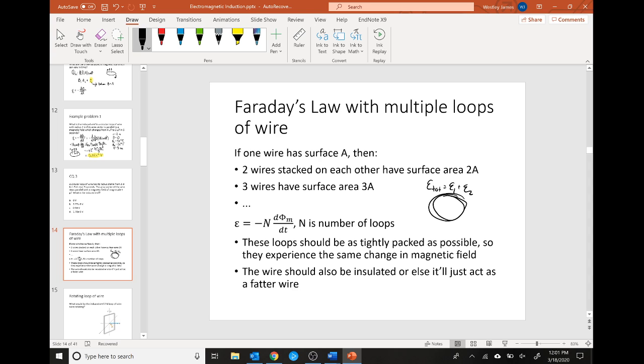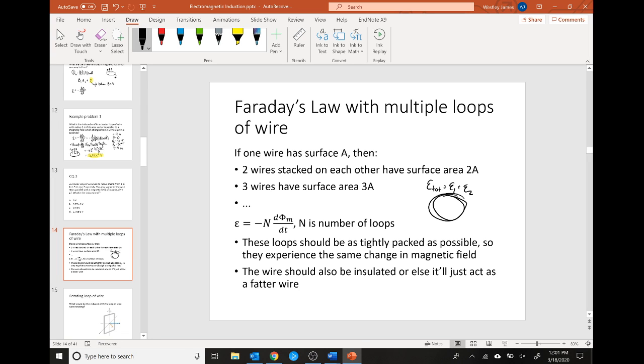So then imagine a third one, and a fourth one, and a fifth one. And all those voltages are going to add up. Another way to think about it is you literally increase the amount of area, because each loop has an area, and each one's independent from each other. And so the long and short of this is that if I have a wire that instead of just one loop, maybe it's a loop that I've made 5 loops on top of each other, you just multiply the change in flux through one of those by the number of loops.